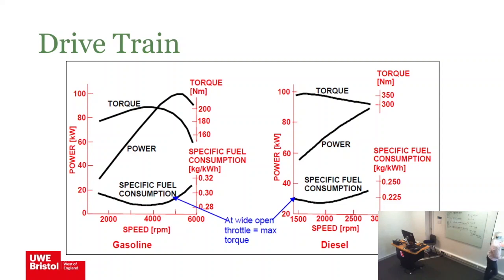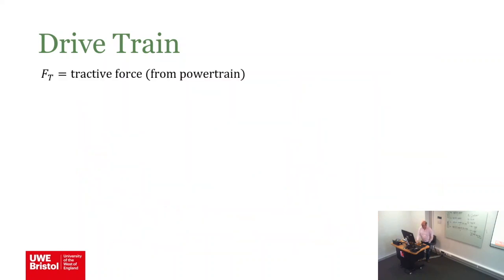And you can see also there's a big consumption down here. So that's just an example of the different sorts of drivetrain types that can provide power. So the tractive force comes from that powertrain, okay?